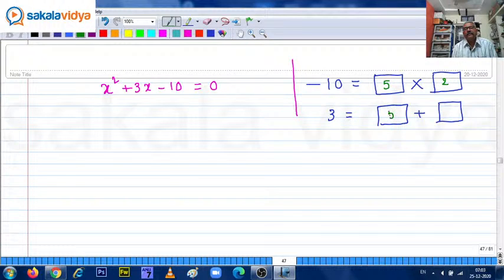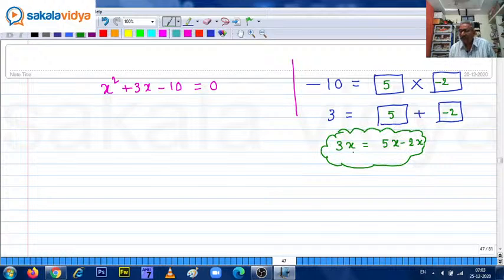That means this can be written as plus 5 and minus 2. 5 minus 2 is 3. Here we put minus on the 2. So the middle term 3x can be written as 5x minus 2x. Keep this in mind, and with the help of this we can solve this one.